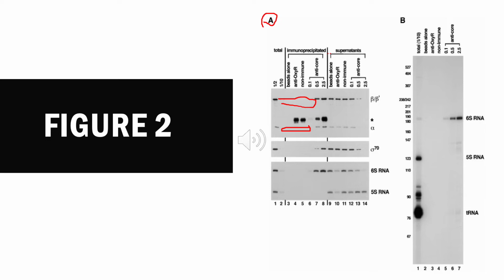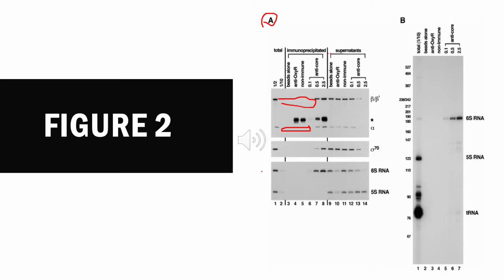Also, when RNA polymerase is diminished from the supernatant, now we're moving over to the right hand side, still in part A, on the supernatant side, we see that 6S RNA begins declining. I did not circle this part though. When we move down 2 boxes to where we're looking at 6S RNA and 5S RNA, I did circle a little bit here.